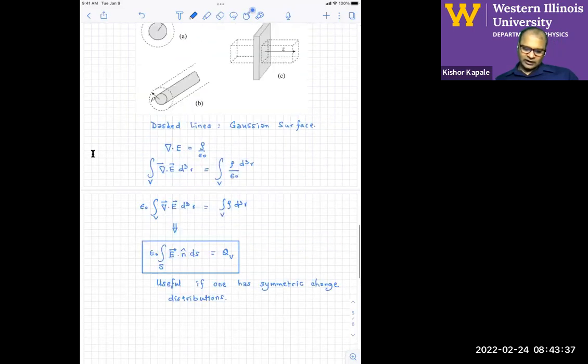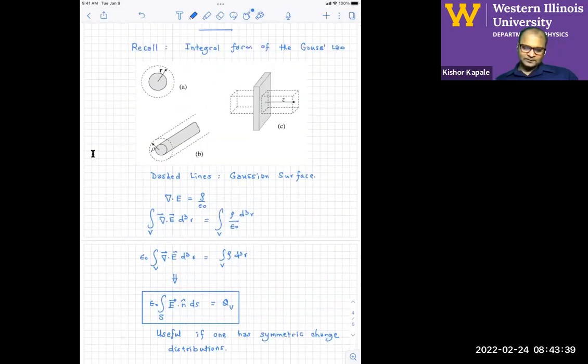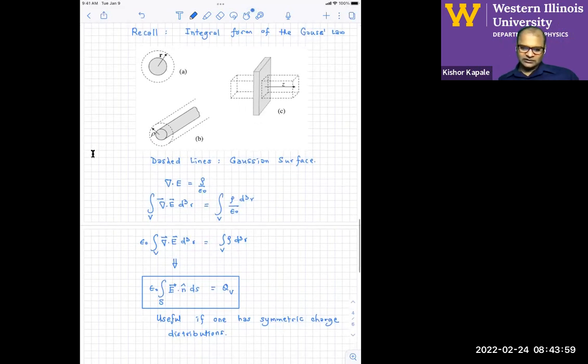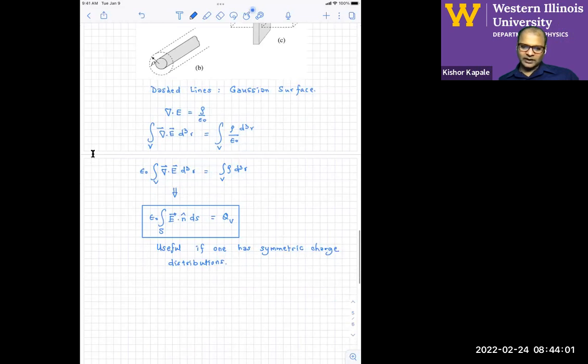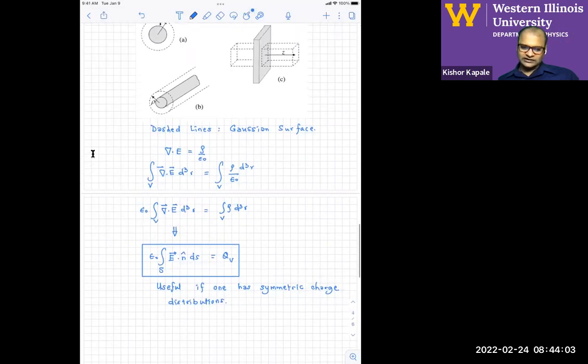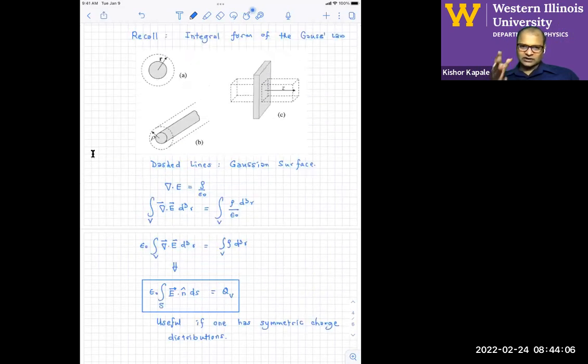So why? Take a look at the diagrams here. In A, for example, in the 3D spherical coordinates you have r, theta, and phi, but the charge distribution has no dependence on theta and phi. That means it is spherically symmetric. Plus, if it is uniform, then it doesn't even have r dependence. The same idea works for B and C. In C, it's the XY plane where the charge is, and it's independent of z.